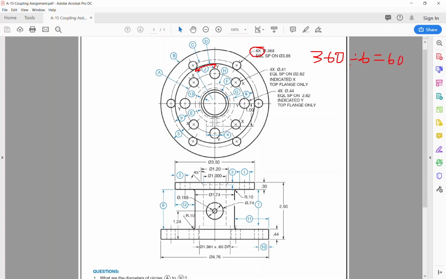That means the angular distance between holes is 60 degrees. I know it's a little messy the way I've drawn it with my mouse. If that's 60, then half of 60, because this line bisects the angle, is 30. So the answer is 30 degrees. Angle J equals 30 degrees. There it is.